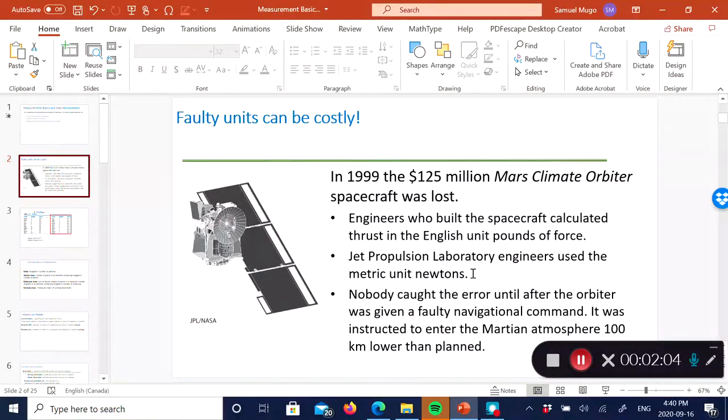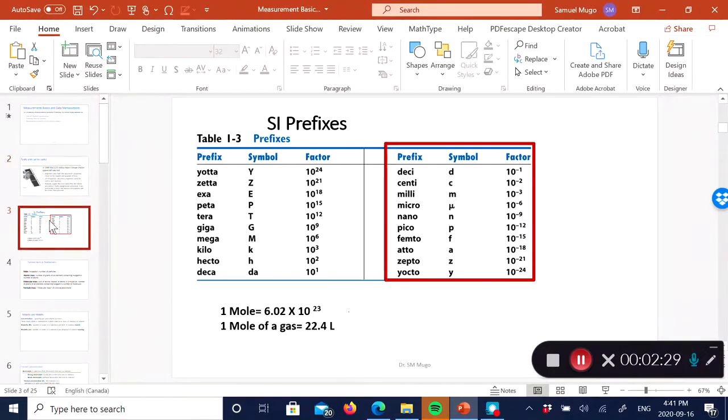Now, nobody caught the error, and after the orbiter was launched into space, it was instructed to enter the Martian atmosphere 100 kilometers lower than it was planned, and as such the mission did not work, and the problem was the units.